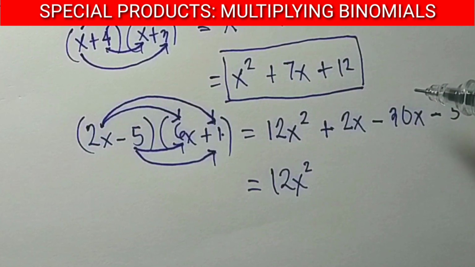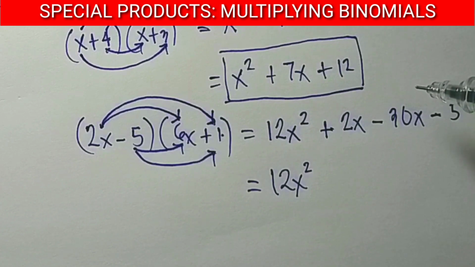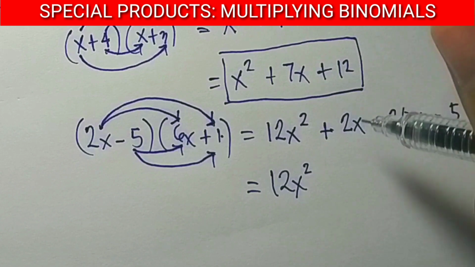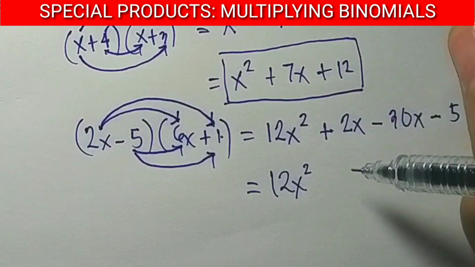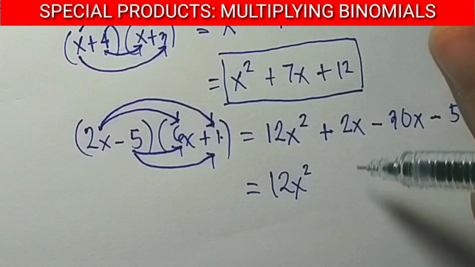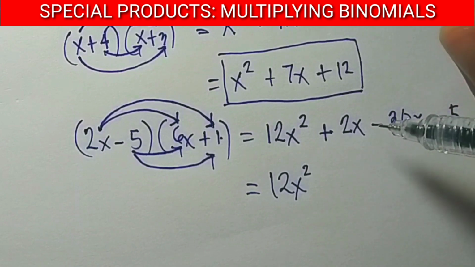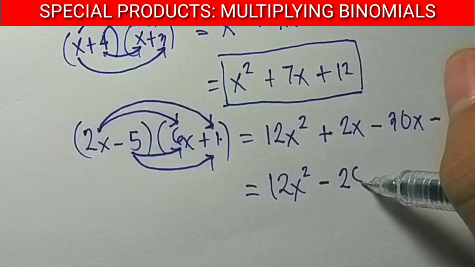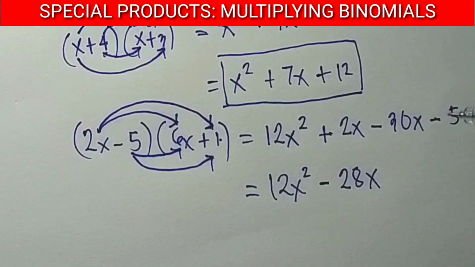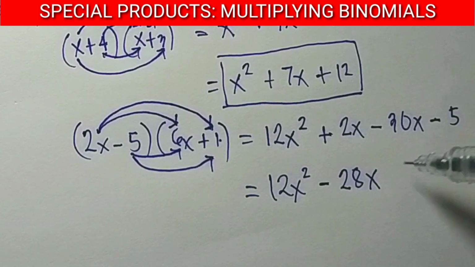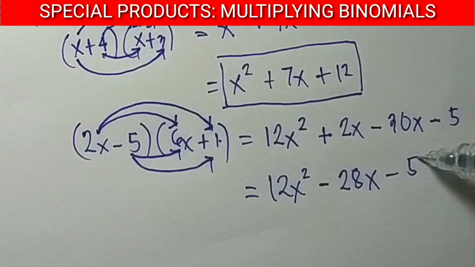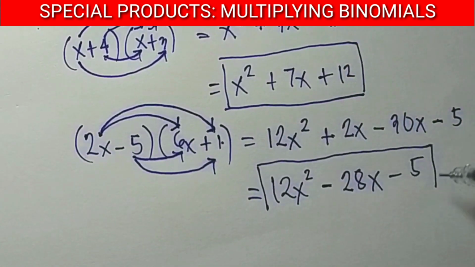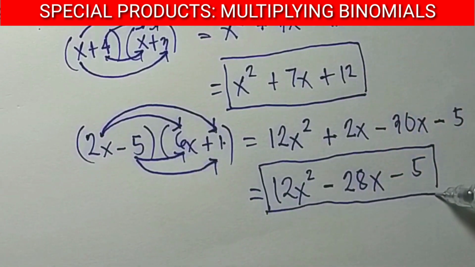So, ato siyang i-minus. Then, follow the sign of the bigger number. So, 30 minus 2, that is 28. Nya, ang sign sa dako nga number kay negative. So, this is negative 28. Nya, kopyahan dayon ang variable nga x minus dayon 5. So, mauna ni ang product of our two binomials.